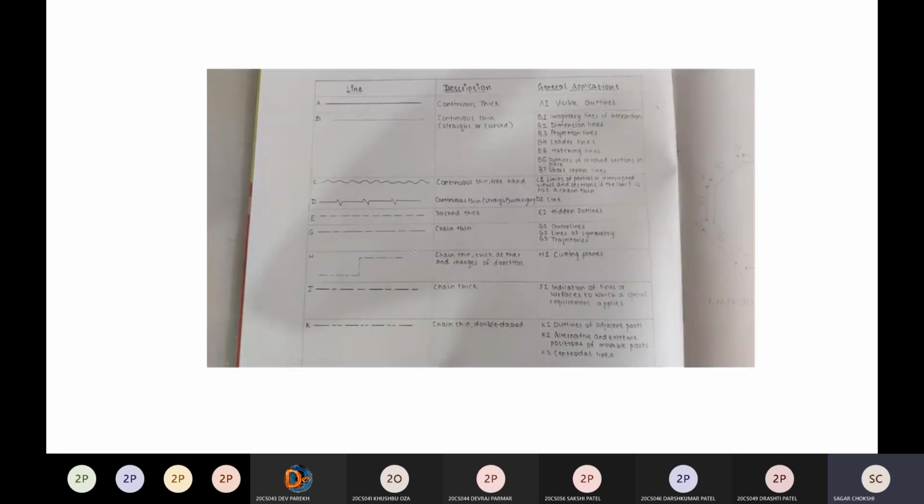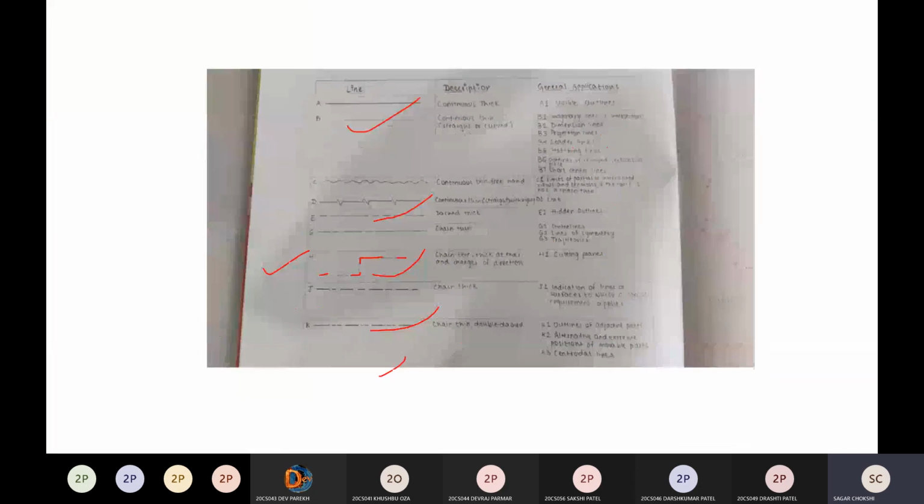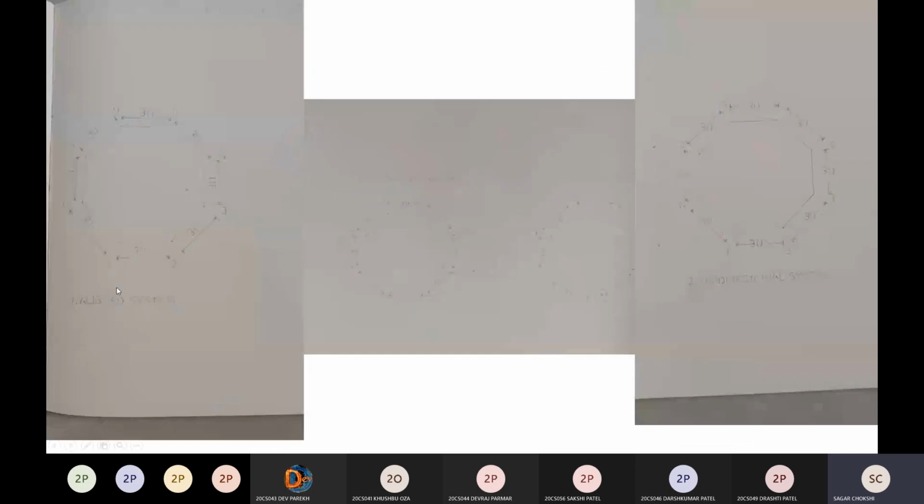Let us check the next drawing. This is dark. Okay, so this is the correction. Here in the aligned system, draw the extension line from here.